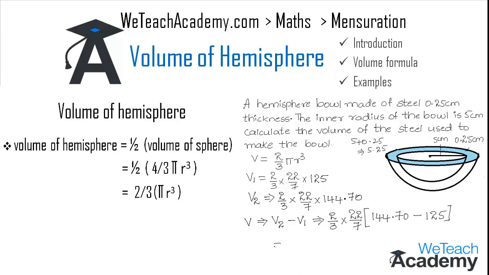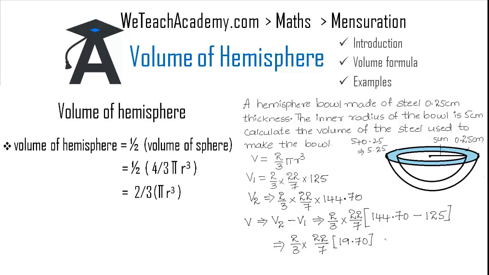By subtracting, we get 2/3 into 22 divided by 7 into 19.70. By multiplying all the terms, we get 866.8 divided by the denominator 21. Simplifying this, we get the result as 41.25 centimeters cube as the volume of steel used.